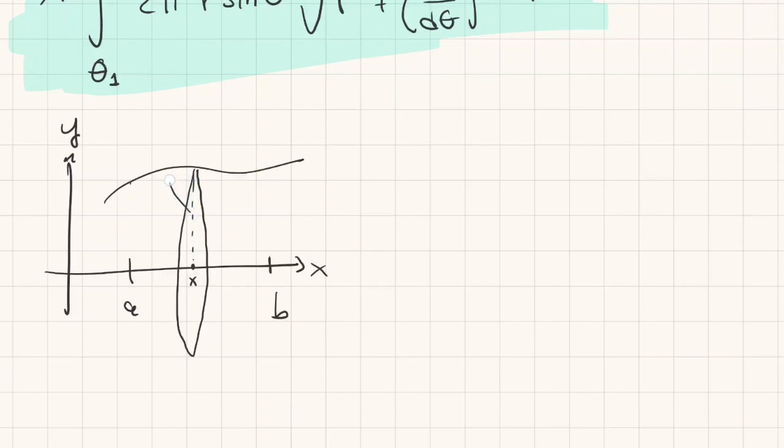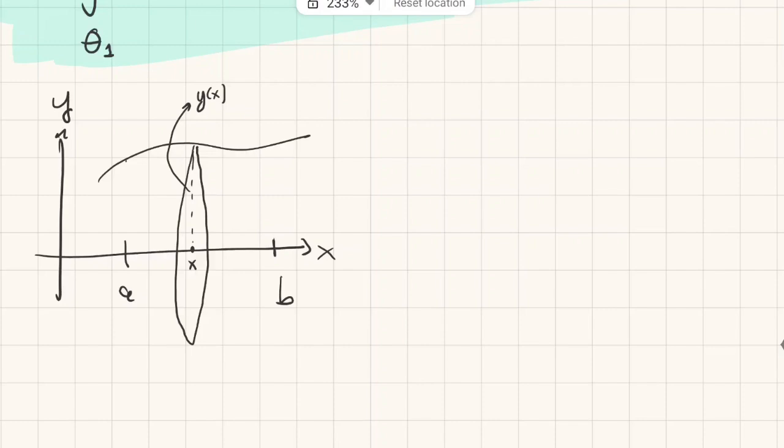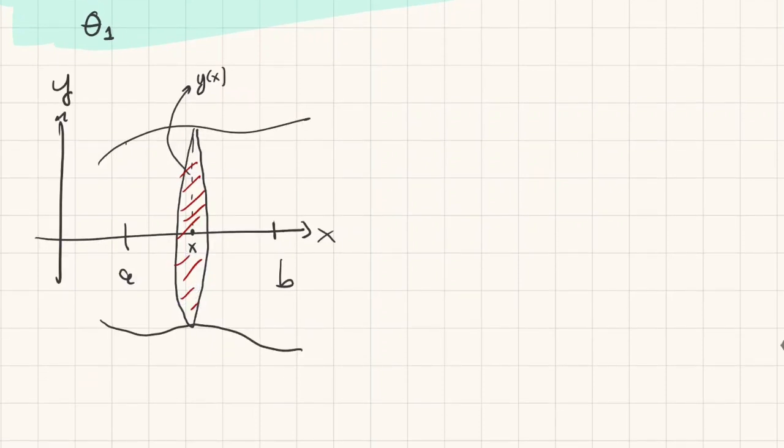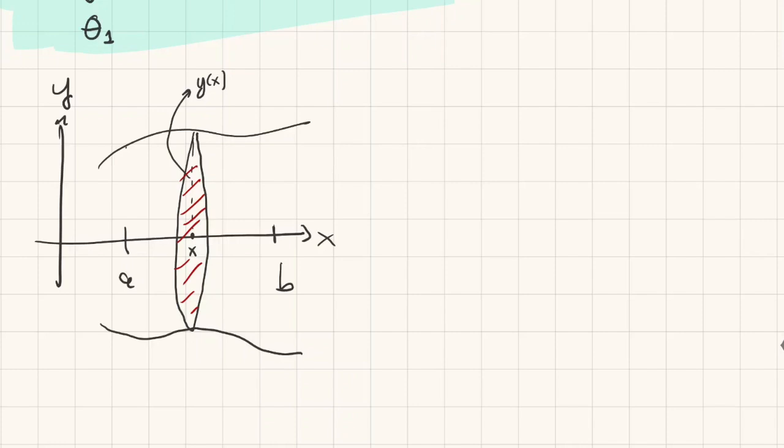We'll have a radius y of x, right? In this case, we are going to be interested in calculating the area of the cross-section, not the perimeter, but the area, because we are going to find the volume of the surface. So that area will be pi times r squared, but the radius is y, right? So it is pi y squared.